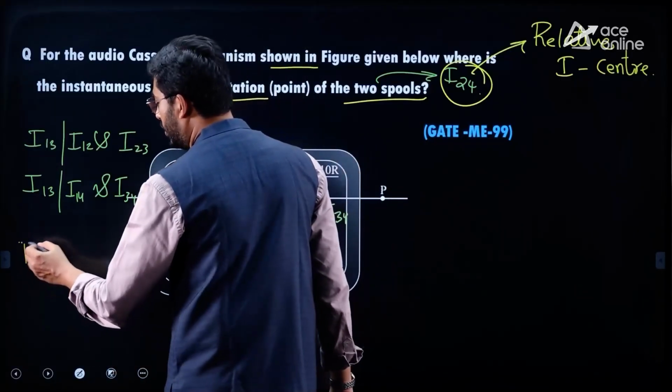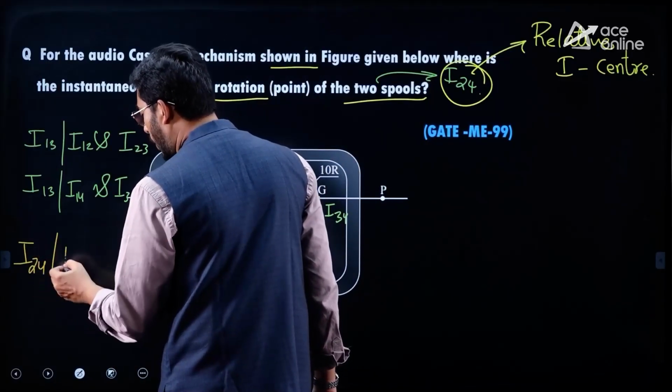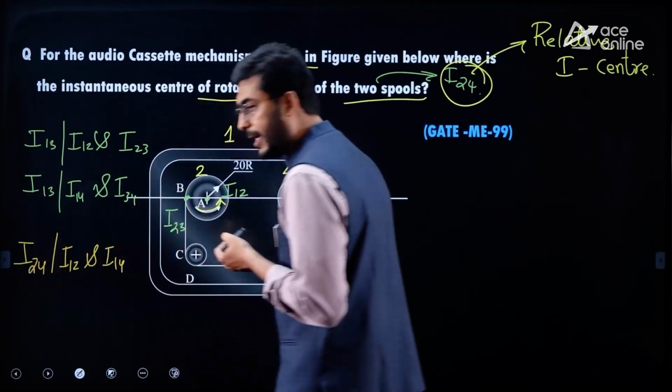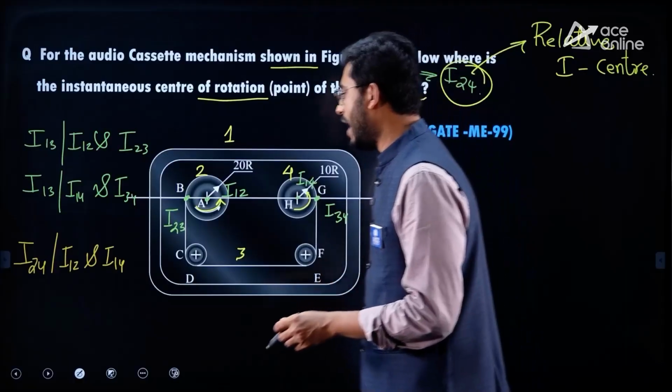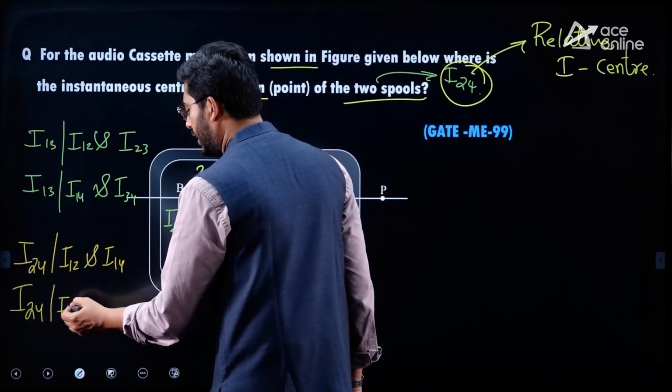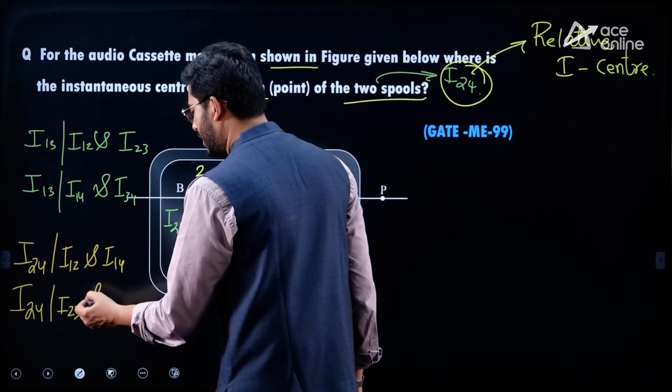I24 has to be collinear with 12 and 14. Same way, I24 has to be collinear with 23 and 34.